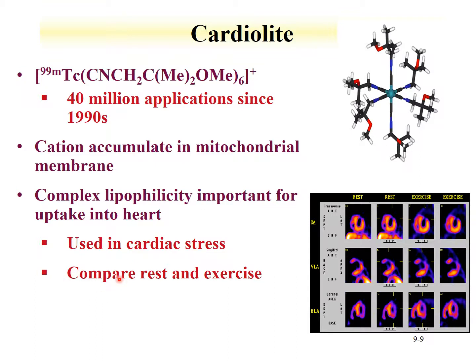So one can compare the uptake and behavior of the mitochondria, where the energy for a muscle is produced. You can see how well the muscle is behaving in a rest and exercise mode for the heart, and this is used medically to determine the health of the heart.